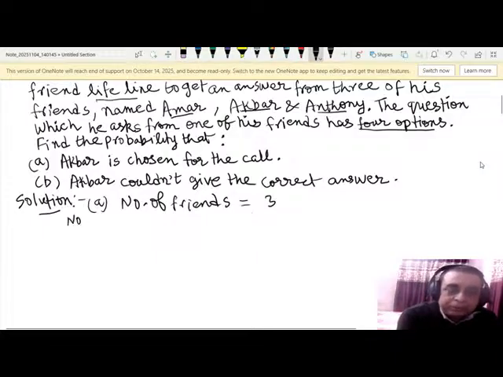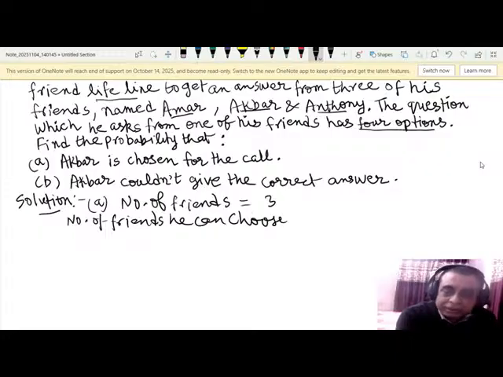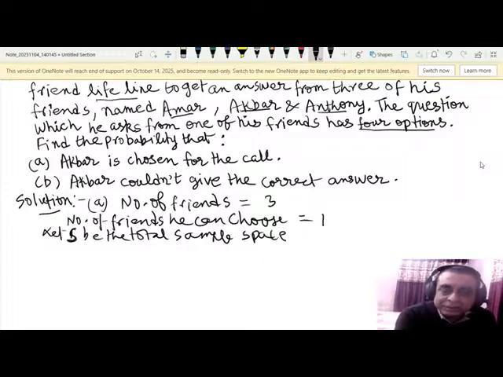Let S be the total sample space, that is, the number of all possible outcomes. n(S) denotes the number of all possible outcomes.